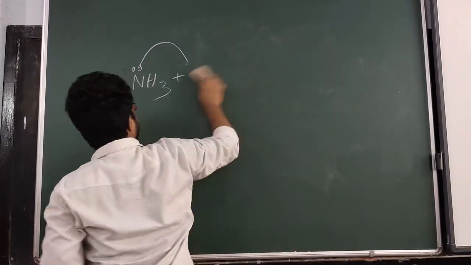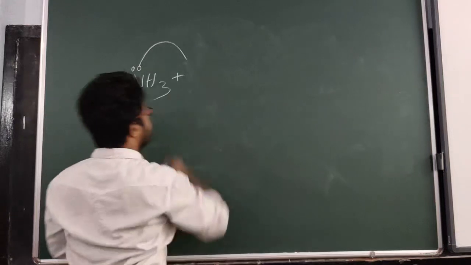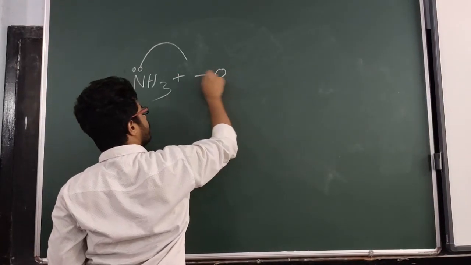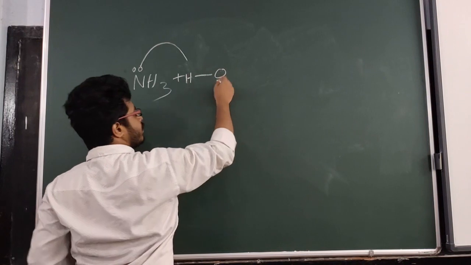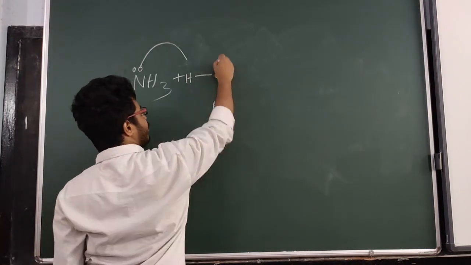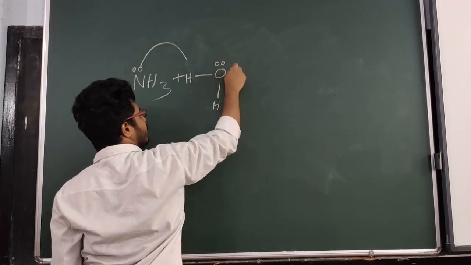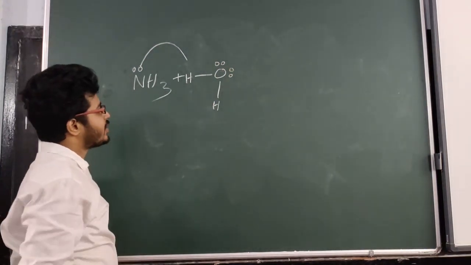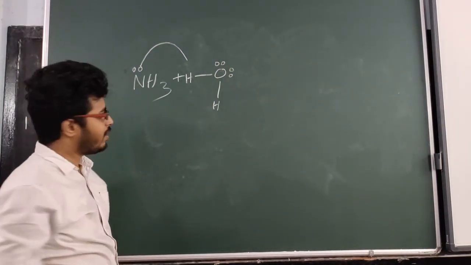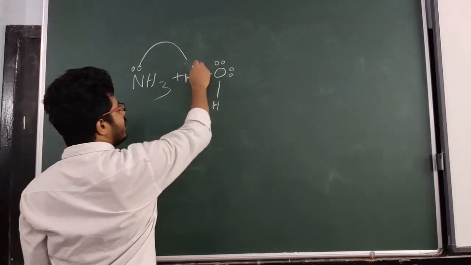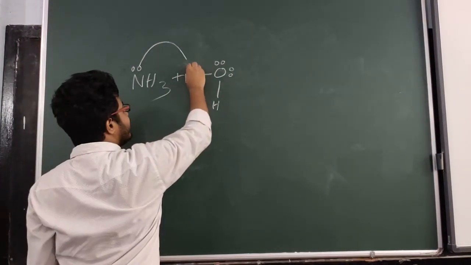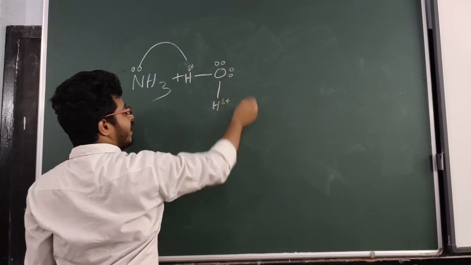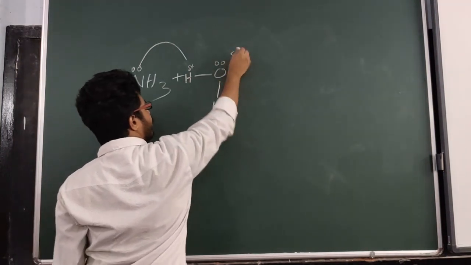Now we can write the same reaction in a slightly different manner. So it is this. I hope you know what this is. This is the electron structure for a water molecule. I hope you remember polar and non-polar compounds.